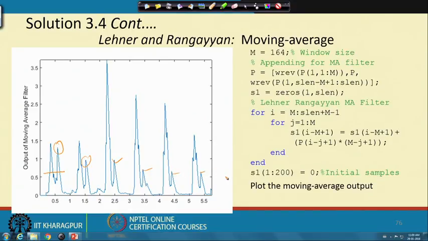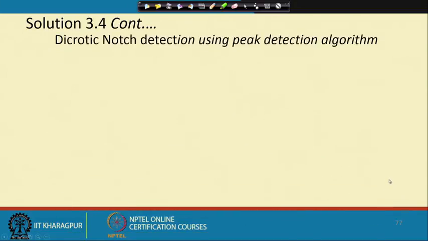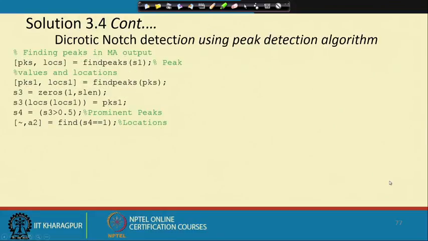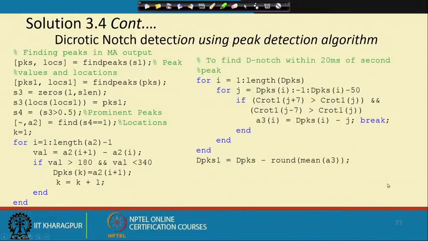Okay. So, the plot of the moving average we have given here, after the MA filter. We use the peak detection algorithm, find peak, which is above the threshold we are looking at, and with that we are finding out the dielectric notch which is within 20 milliseconds of the peak.